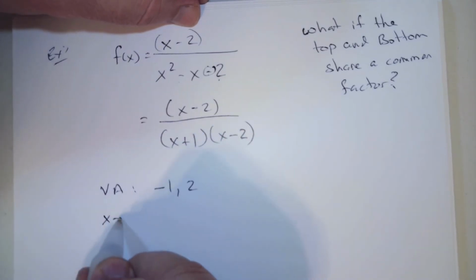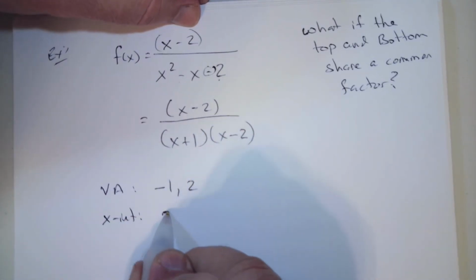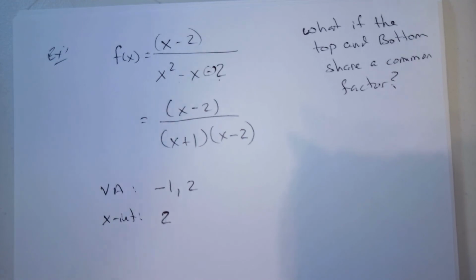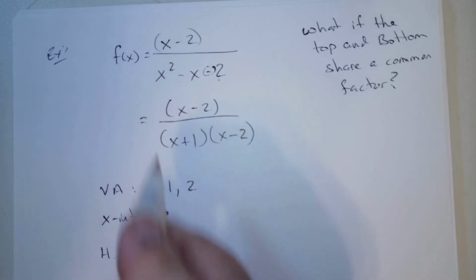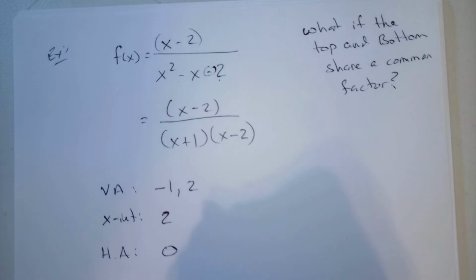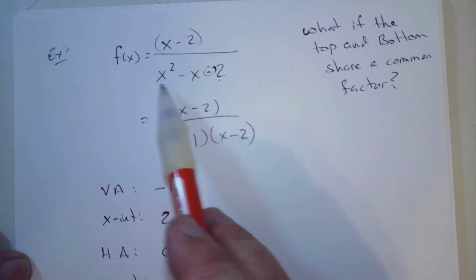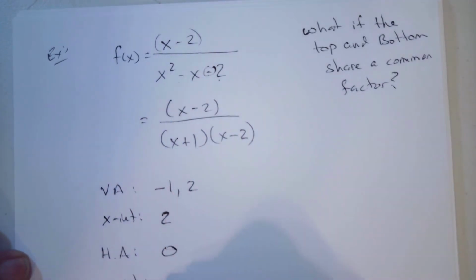Our x-intercept is at 2. Our horizontal asymptote, since the bottom's bigger, is 0. Our y-intercept: get rid of the x's, so it's negative 2 over negative 2, which is 1.